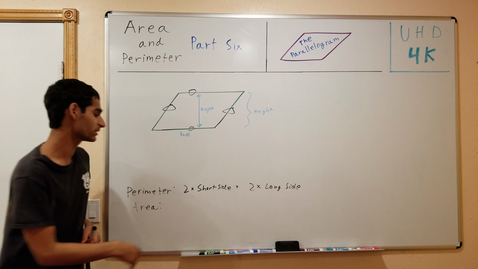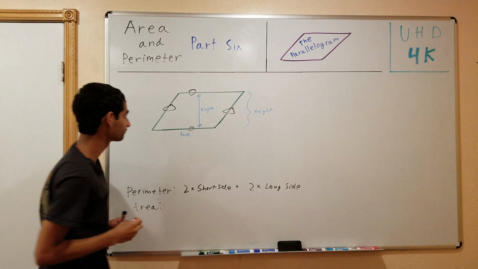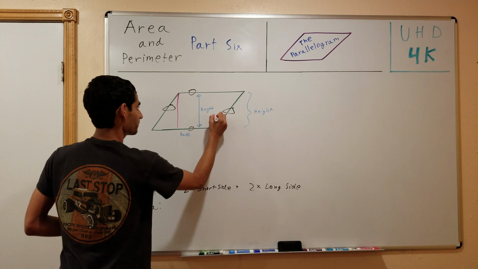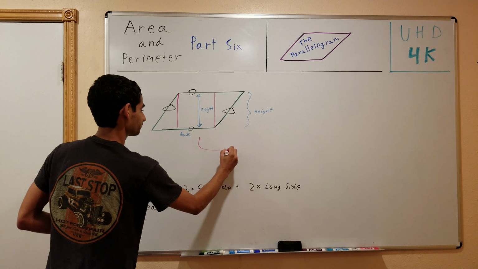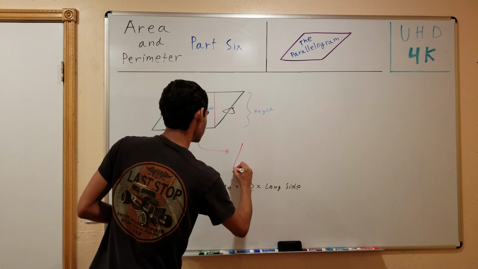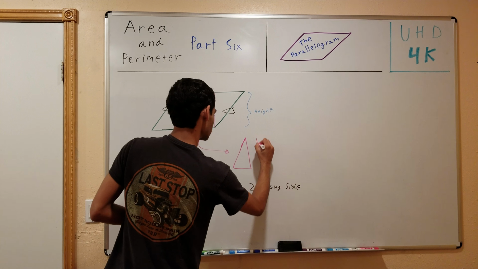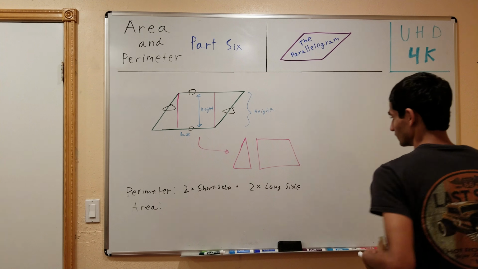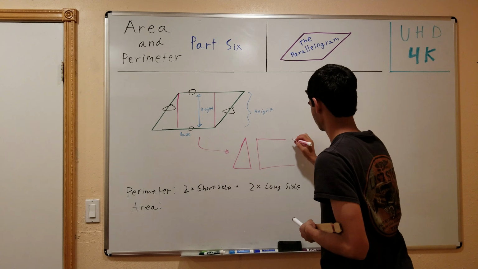So let me do a quick visualization for you. I'm going to divide this parallelogram into 3 different shapes. And what does this form? You get a triangle, a rectangle in the middle, and finally another triangle.